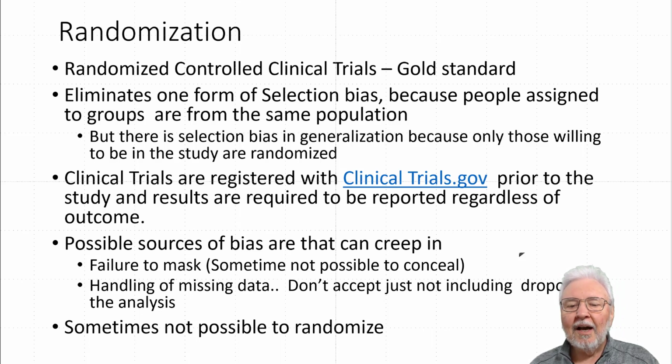When we were talking about the big trials with lots of regression variables, there's no confounding because you have randomized people from a mass group of people.